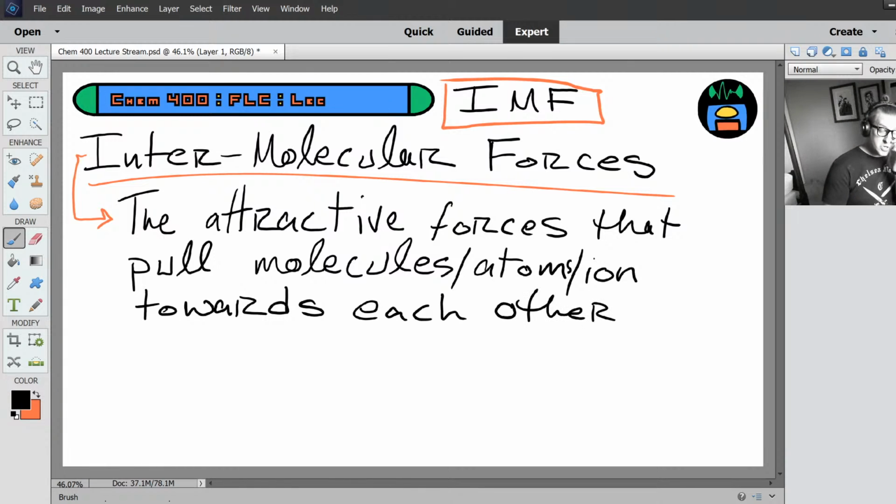Inter means between, so between two molecules. Intermolecular forces, the attractive forces that pull molecules towards each other.